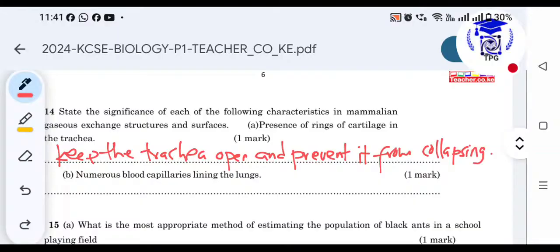Number B, numerous blood capillaries lining the lungs.